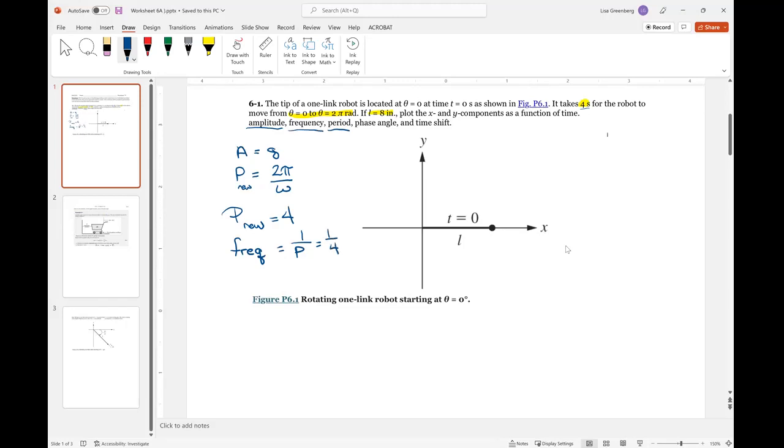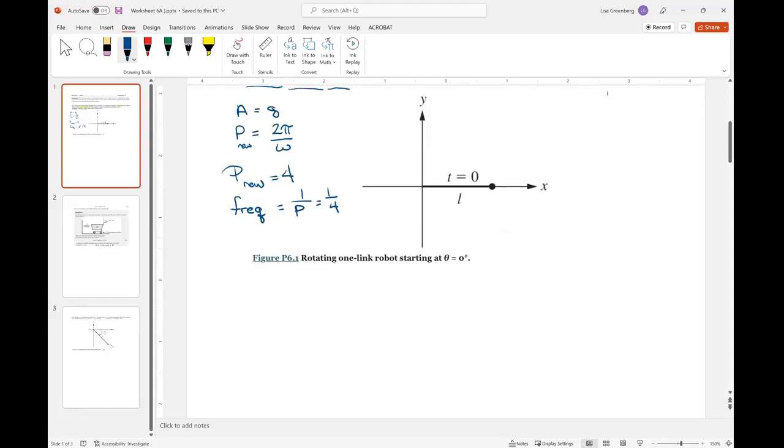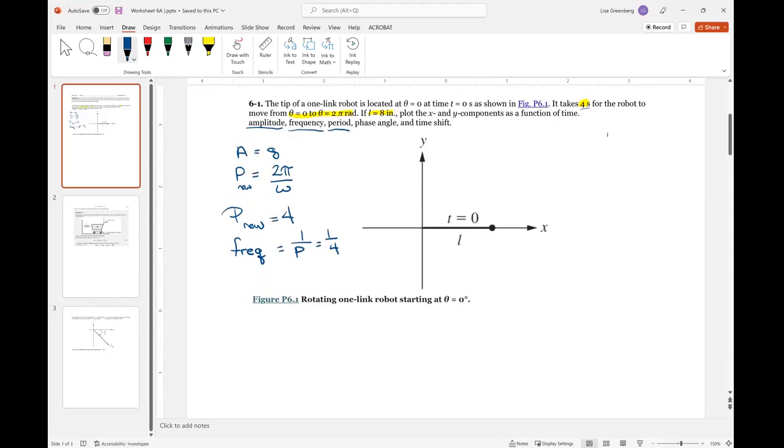Okay. The phase angle is the shift. So if we're shifting it right or left, then we have a phase angle that is not 0.